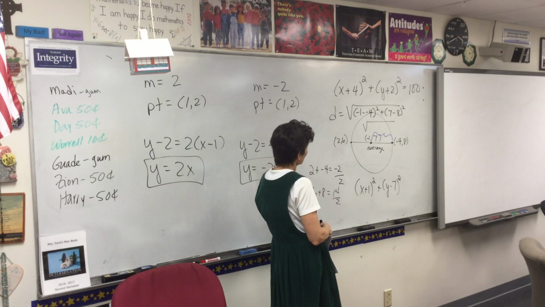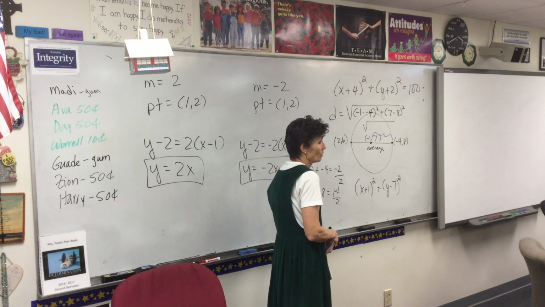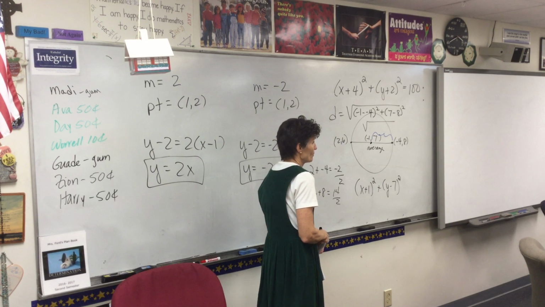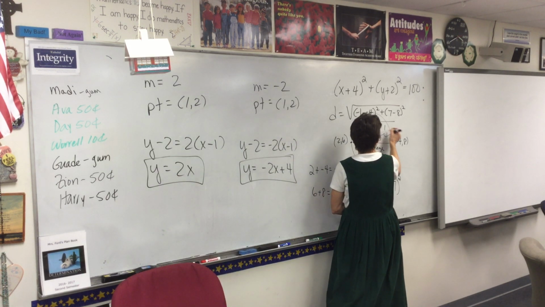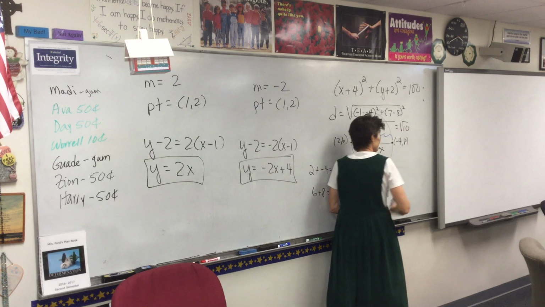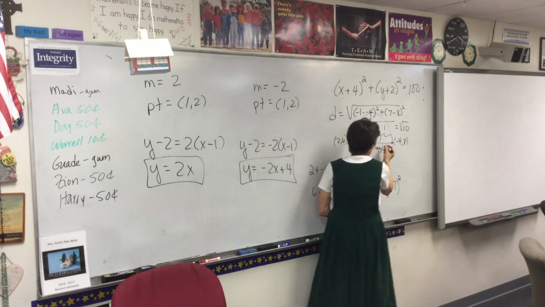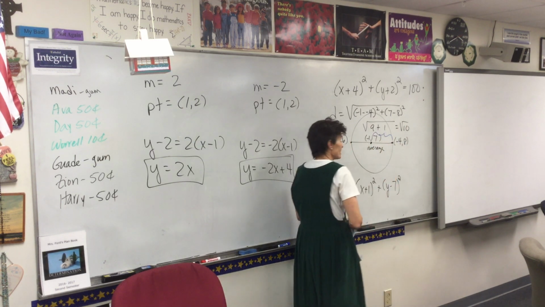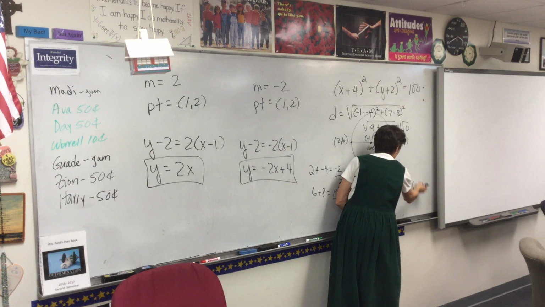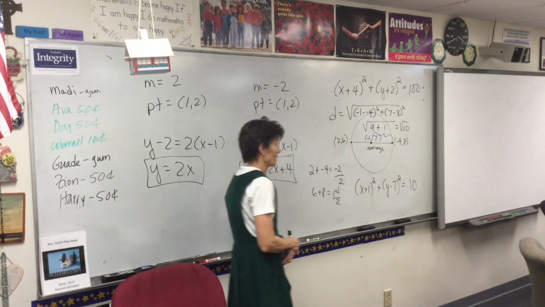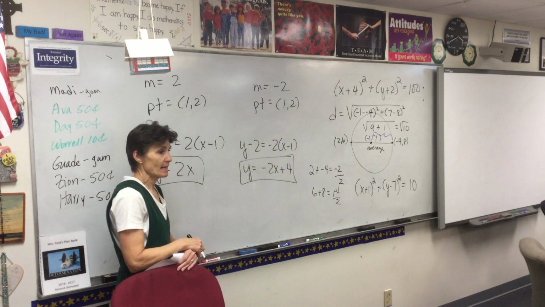So if you have trouble subtracting -1 minus -4, you let your calculator do it. 3 squared is 9 plus 1. So that's root 10. This distance is root 10. The radius is root 10. So what goes right here? Root 10 squared, which is 10.